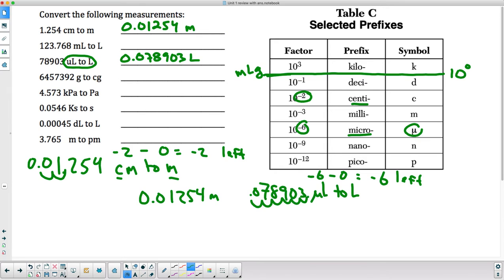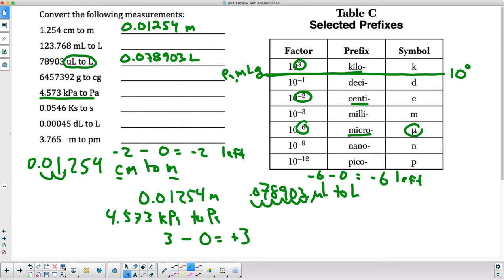We subtract, okay? One more example, how about this one with kilopascals to pascals? So 4.573 kilopascals to pascals. Pascals is right here, PA. Kilo is a +3, because of this right here. I'm going to subtract pascals, which is a 0.